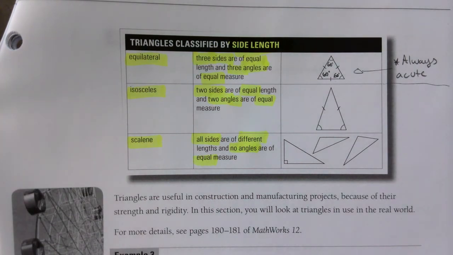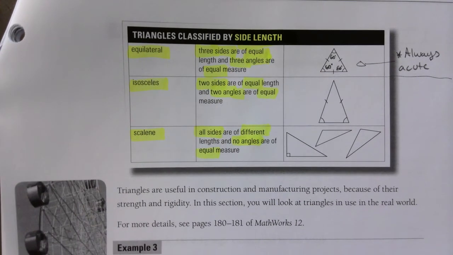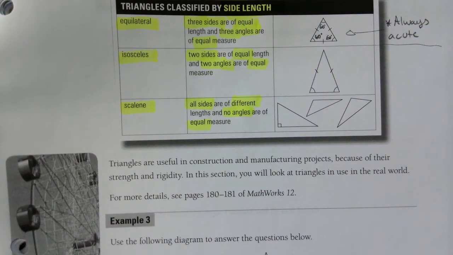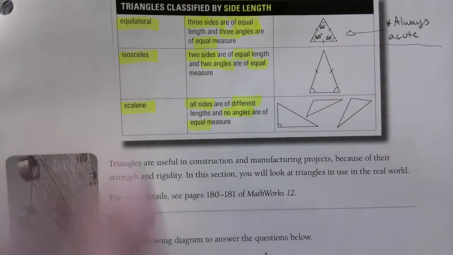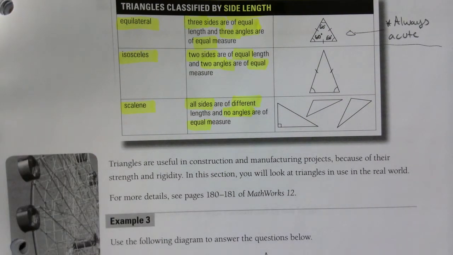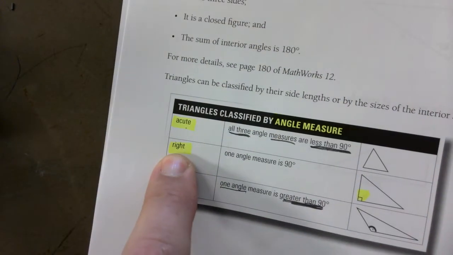And now, you will always have to try to find as much information about the triangle as you can just by looking at it first of all. And then you might have to do some calculations on top of that. So every triangle will have a first name and a last name. So a triangle could be a right.